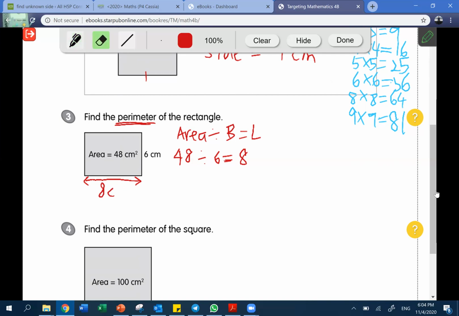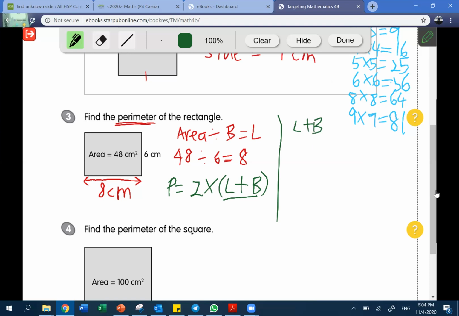Now, how do I find the perimeter? Remember that perimeter equals 2 times the length plus the breadth. Okay, so first we're going to take length plus breadth. Length is 8. We're going to add the breadth, which is 6, equals 14. Now we're going to multiply that by 2.